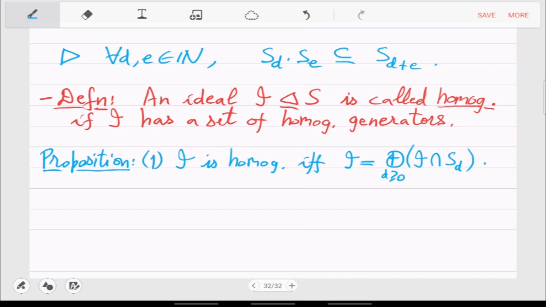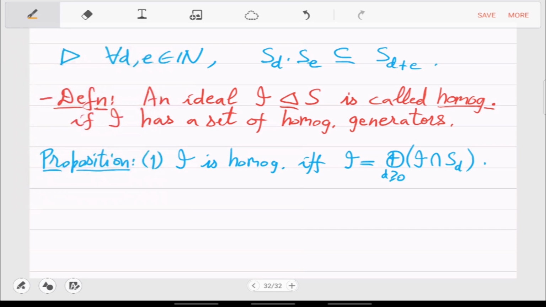If you look at the degree D homogeneous polynomials in the ideal for different D, then their linear span gives you the whole ideal. This property is true if and only if you started with a homogeneous ideal. For an inhomogeneous ideal, it is false. You can see an example right here.